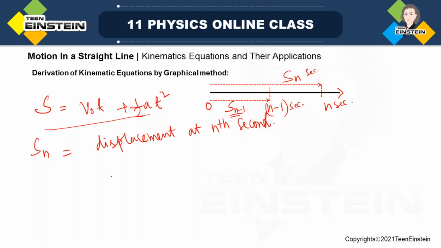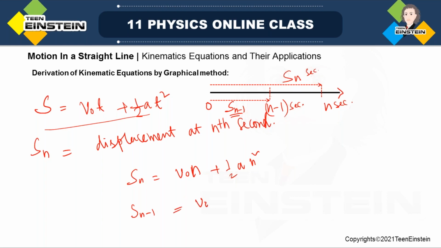Okay, here I'll write two equations. One is Sn, which is v0 n plus half a n square. Now let us see what the displacement is during the time interval 0 to n minus 1.